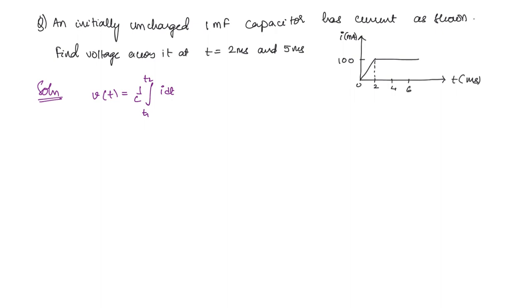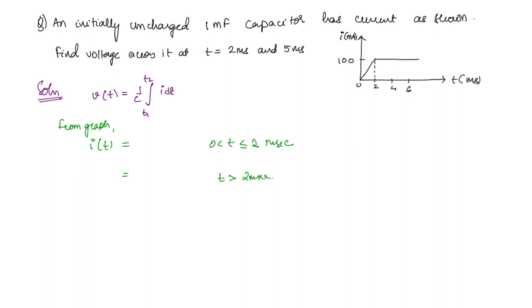So first we will write the expression for I of t. From the graph, I of t is equal to some value for 0 less than t less than or equal to 2 milliseconds, and some other value for t greater than 2 milliseconds.